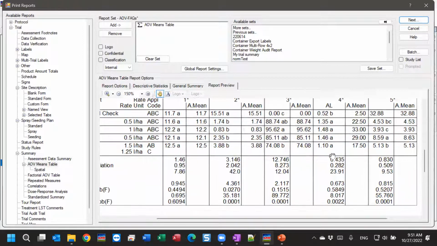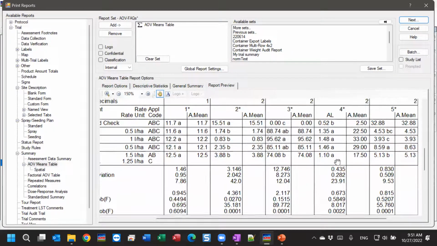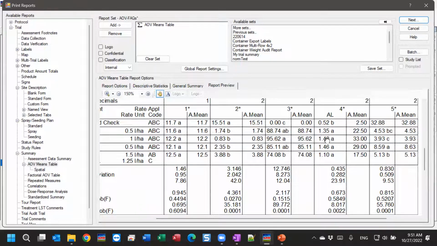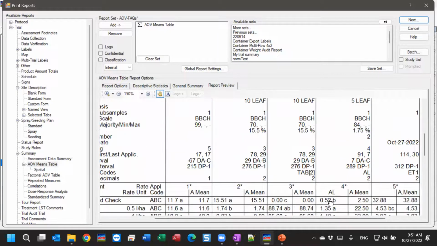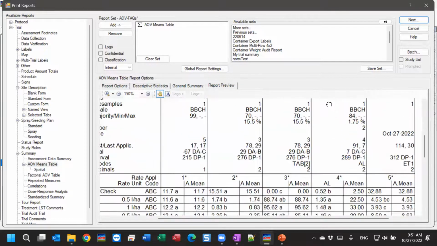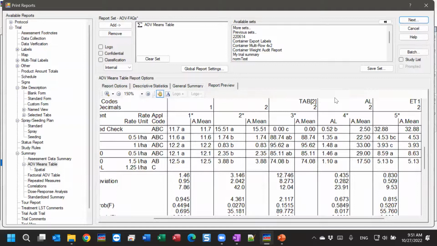And so that LSD is just a single point now because we can use that 0.35 to compare these. But again, now that 0.52 is the log of a percent. So you kind of have to decide what makes the most sense and what's easier to read. But that's kind of the theory behind those options.